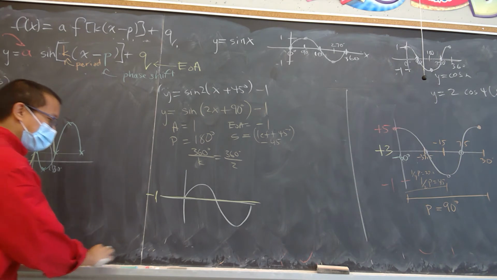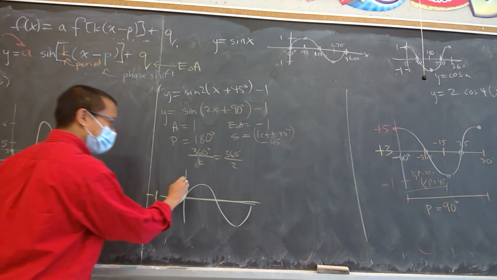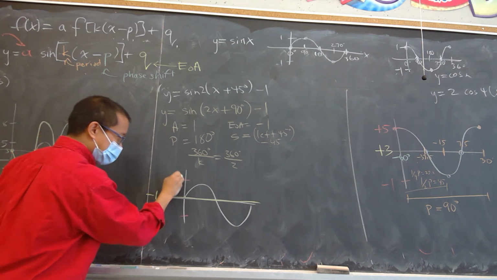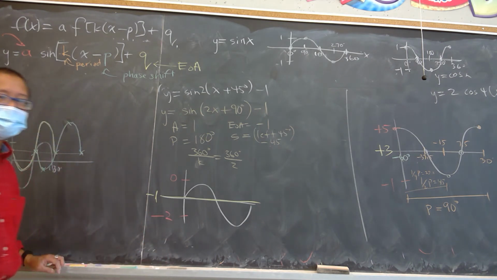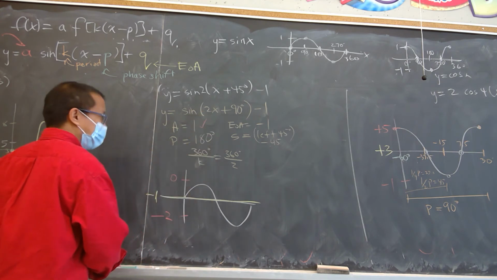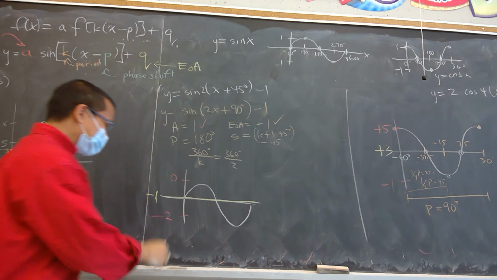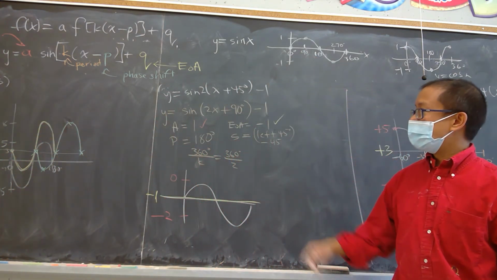And then even though I deal with the amplitude next, I know that my maximum is going to be 0, and my minimum is going to be negative 2, because I'm dealing with the amplitude and then equating the axis simultaneously. Then we just have to finish this off. This is our phase shift, which is negative 45 degrees.